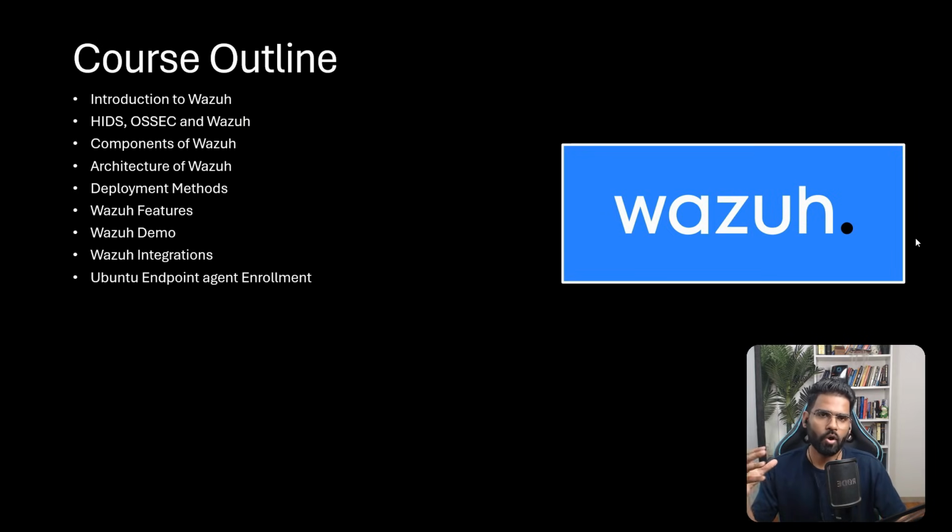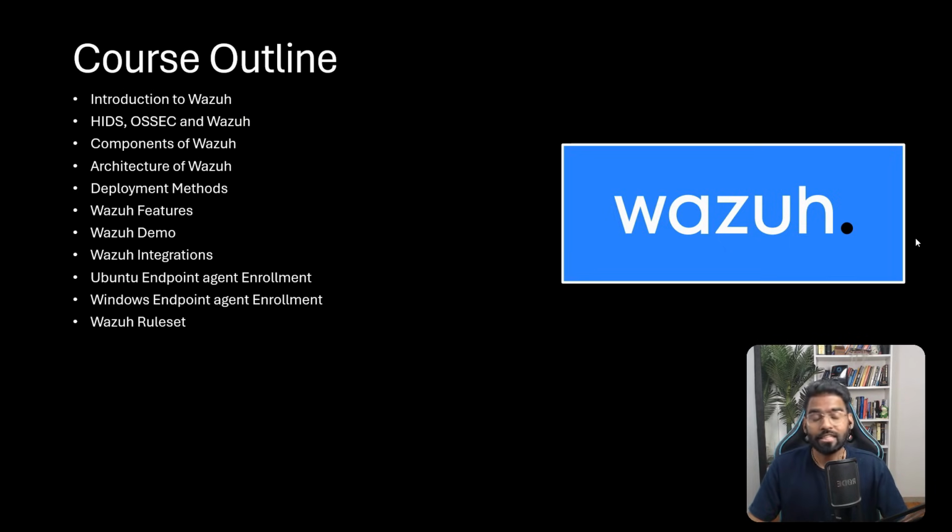Then we will learn about onboarding Ubuntu endpoints to the Wazuh platform for monitoring. Next, we will talk about adding a Windows agent to the Wazuh platform so that we can monitor it.